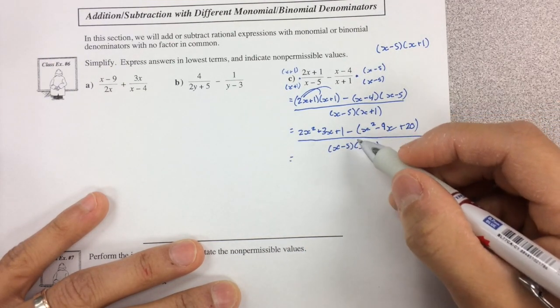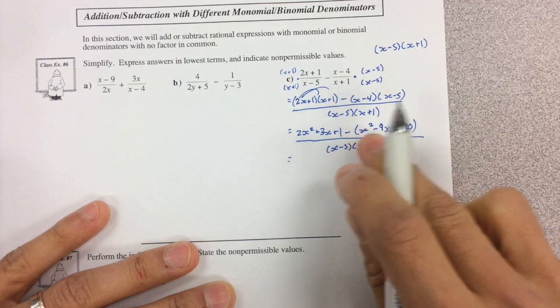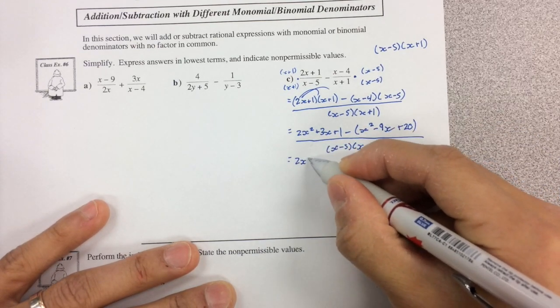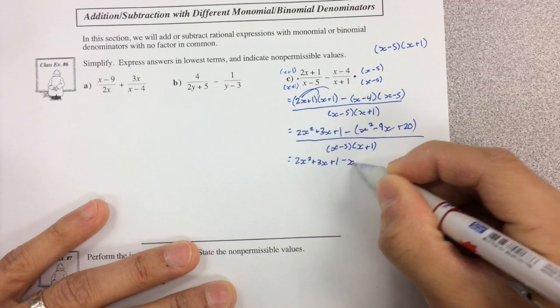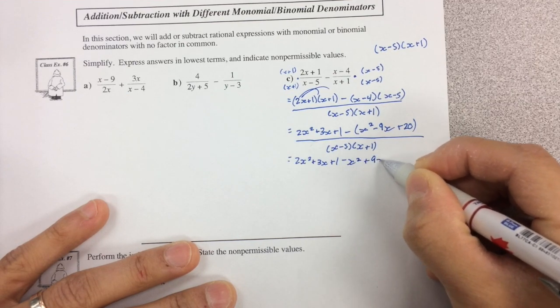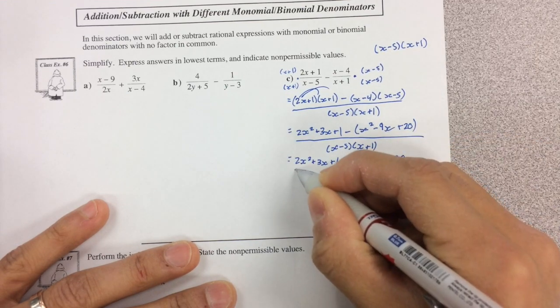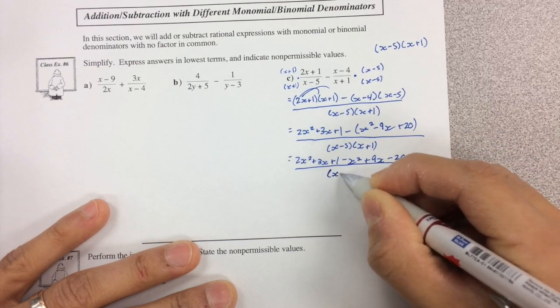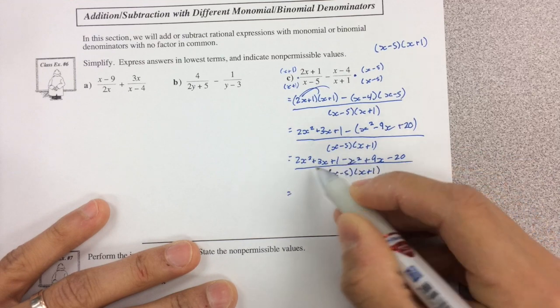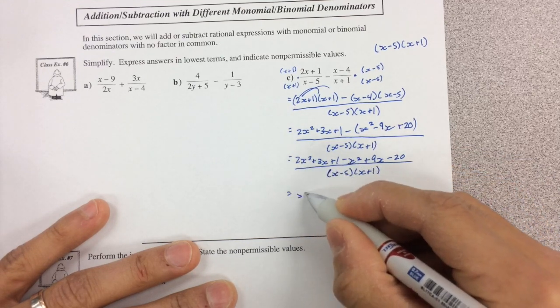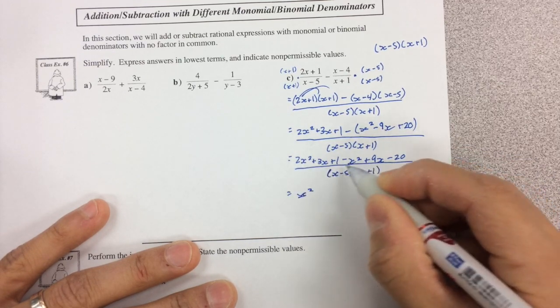Once I've simplified this, I can get rid of these brackets, and so in getting rid of those brackets, 3x plus 1 minus x squared plus 9x minus 20 over my denominator. That'll cancel out. It'll leave me with x squared.